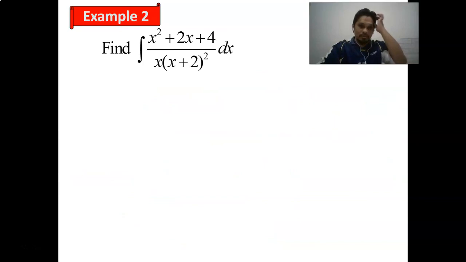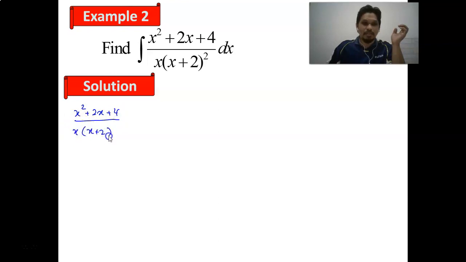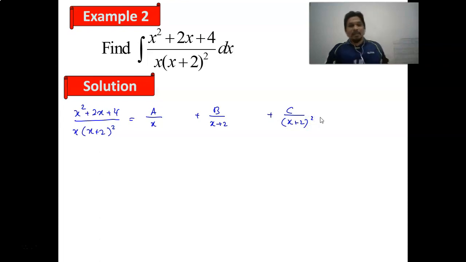Okay, so this one, it's already separate here: (x² + 2x + 4) divided by x(x + 2)², where it is A divided by x, plus B divided by (x + 2), plus C divided by (x + 2)².